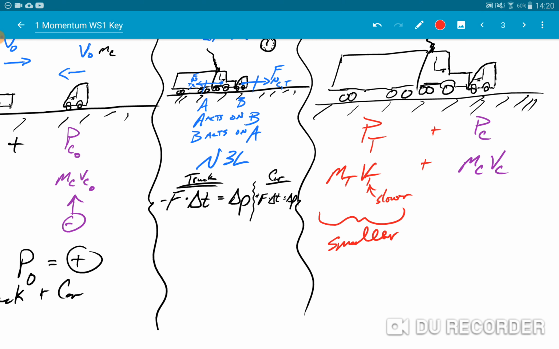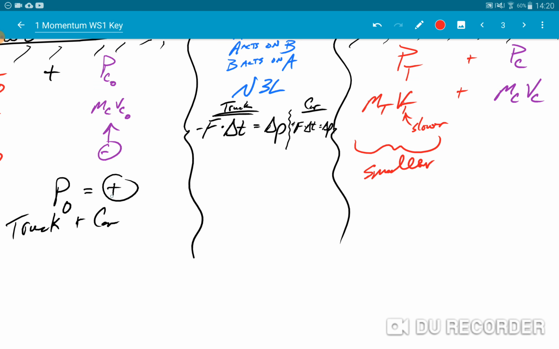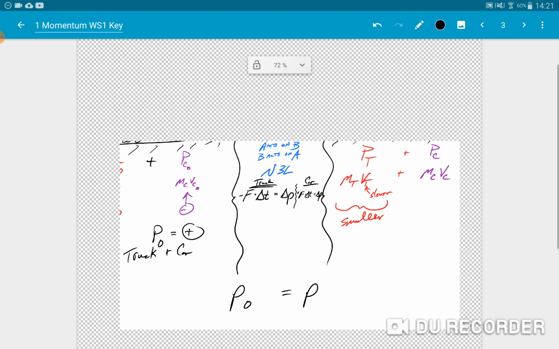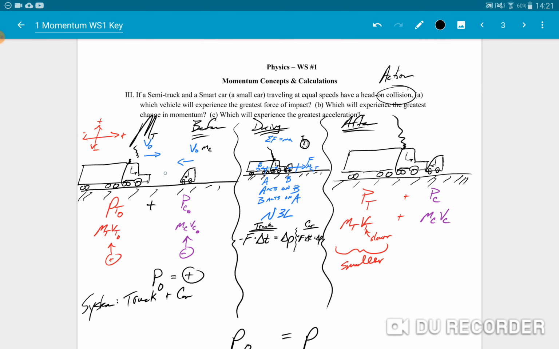Now, if that's smaller, it still has to equal the exact same value over here, because the momentum beforehand must be equal to the momentum afterwards if we've included everything in our system and there are no external forces, which we identified before, that the only motion transferred here is between the truck and the car.